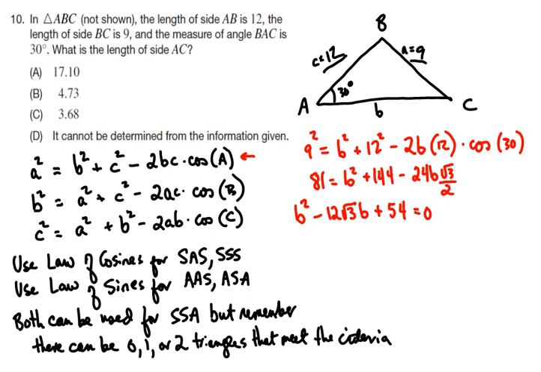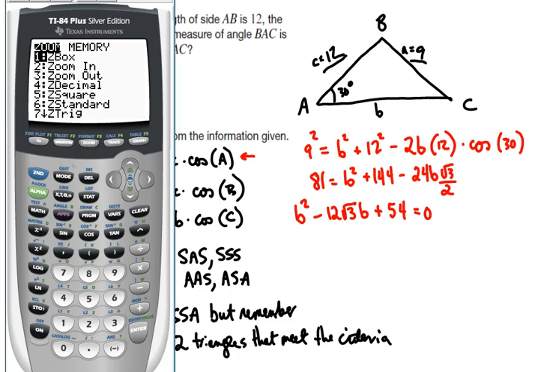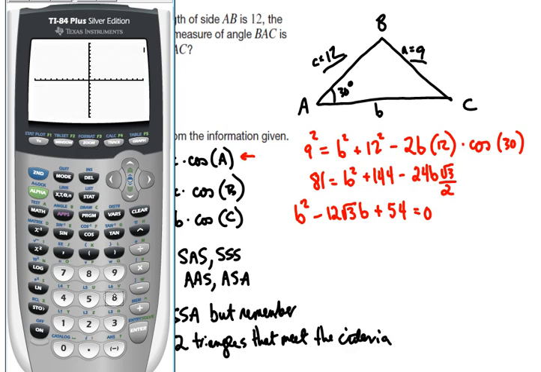So we see that we have a quadratic, certainly not something we expect to factor. And so we enter the formula into our graphing calculator, x squared minus 12 square root of 3 times x plus 54. We zoom standard. We can't see the whole thing there, but we could widen our window a little bit.